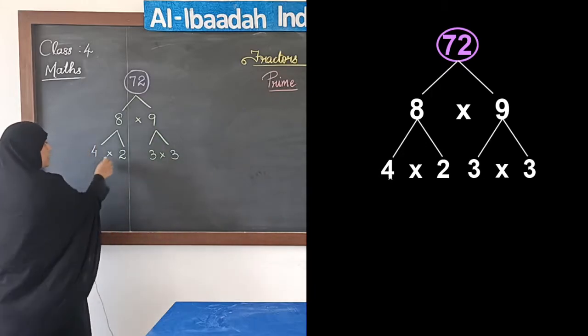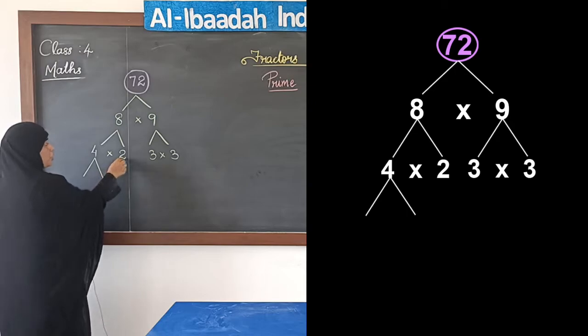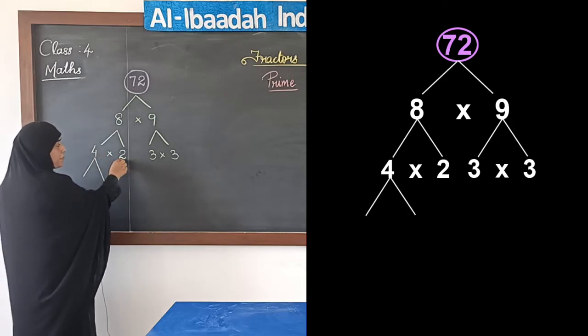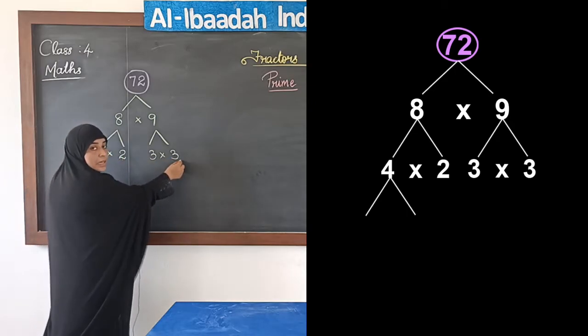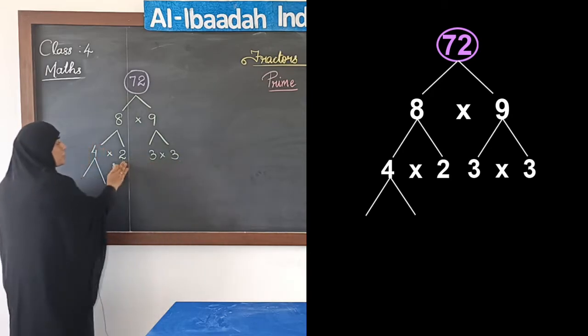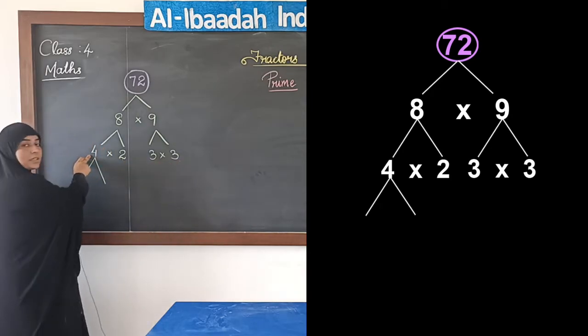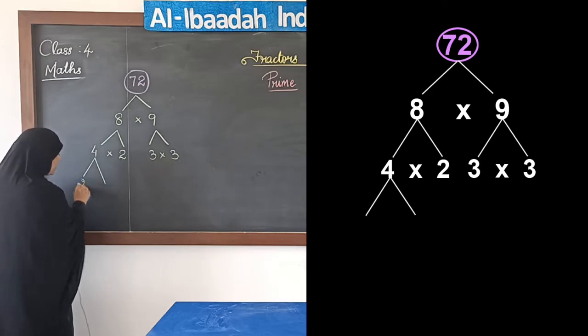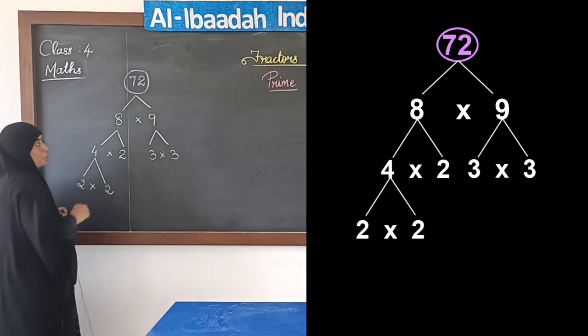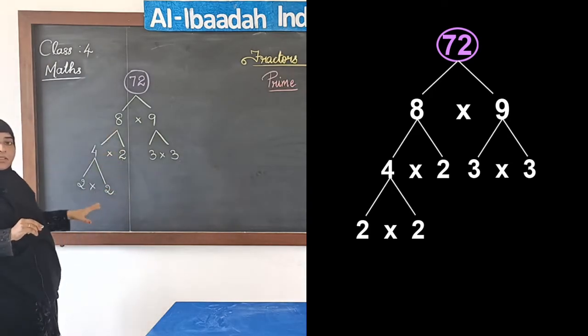Now again we can further find the factors of 4. 2 is a prime number, 3 is a prime number, the other 3 also is a prime number. So, we will leave them as they are. 4 is a composite number. So, we will further make it 2 into 2. This is how we have made a factor tree.